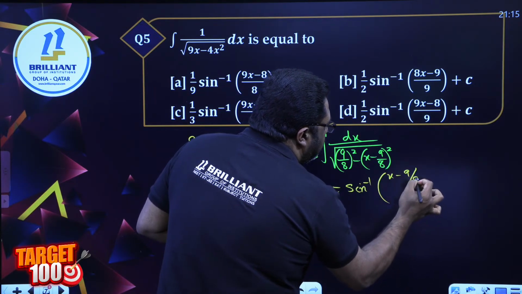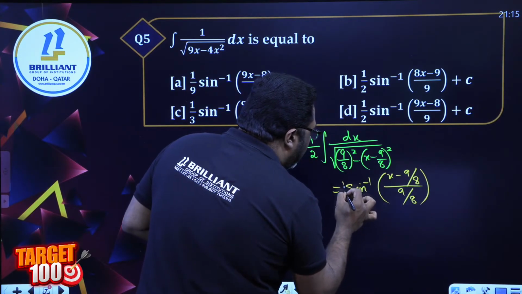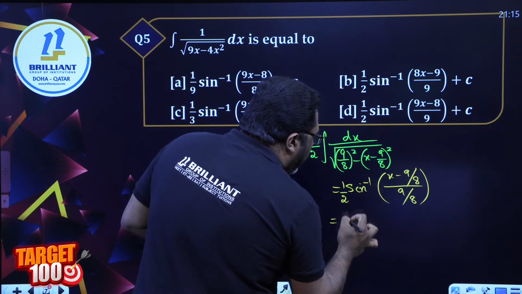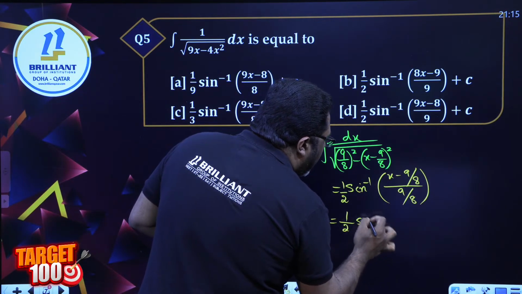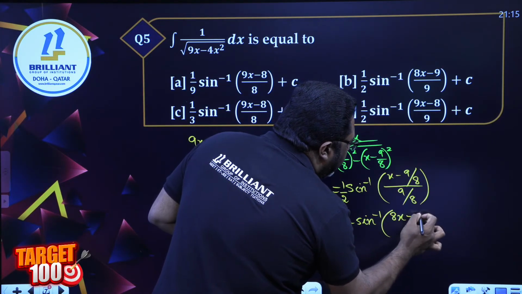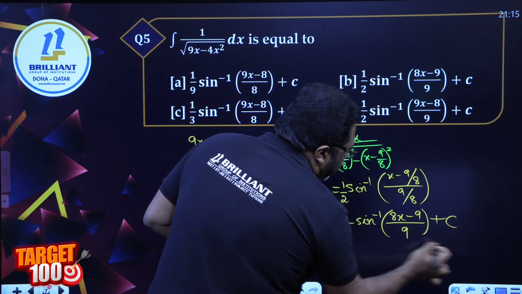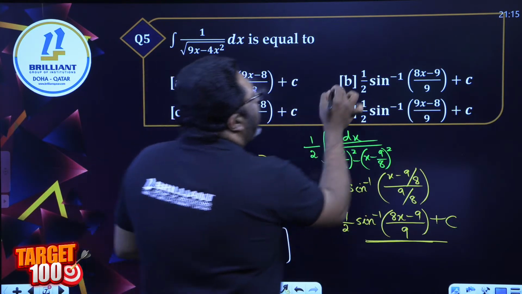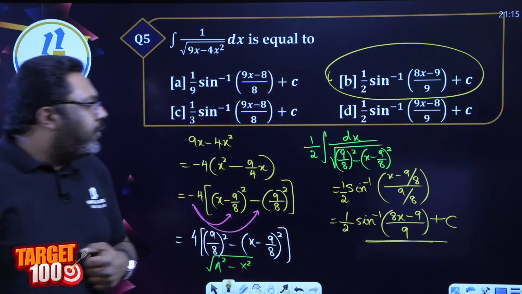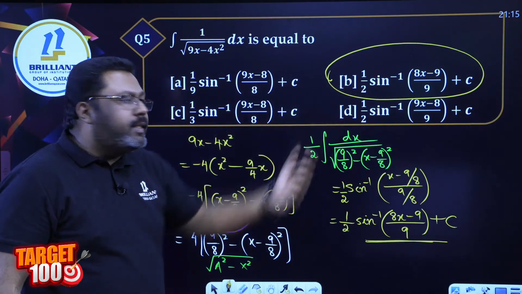Sine inverse x by a. Apply LCM inside. Half sine inverse 8x minus 9 by 9 plus c. Okay, again option B is your answer.